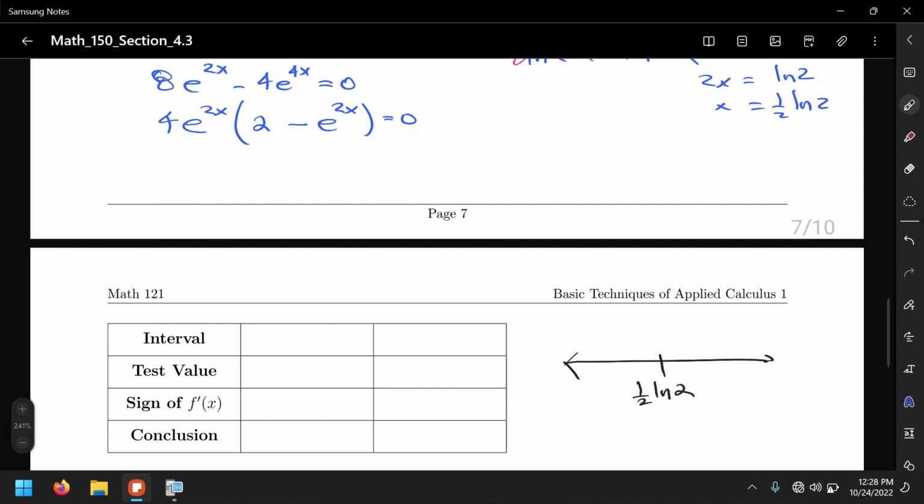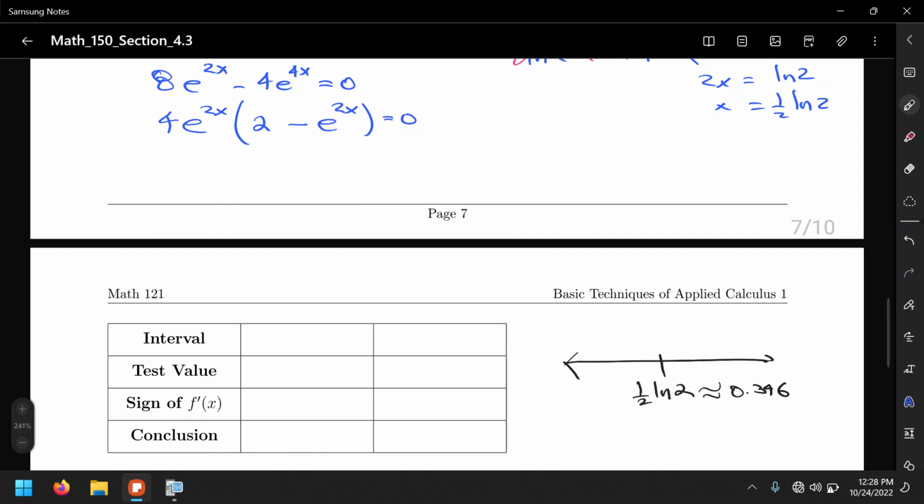So ln of 2 divided by 2 is 0.346. That's approximately the critical value.